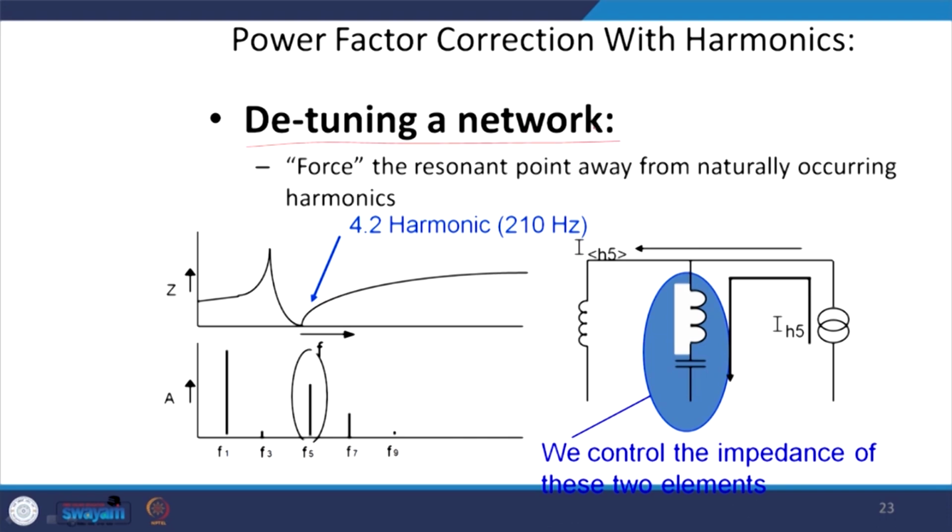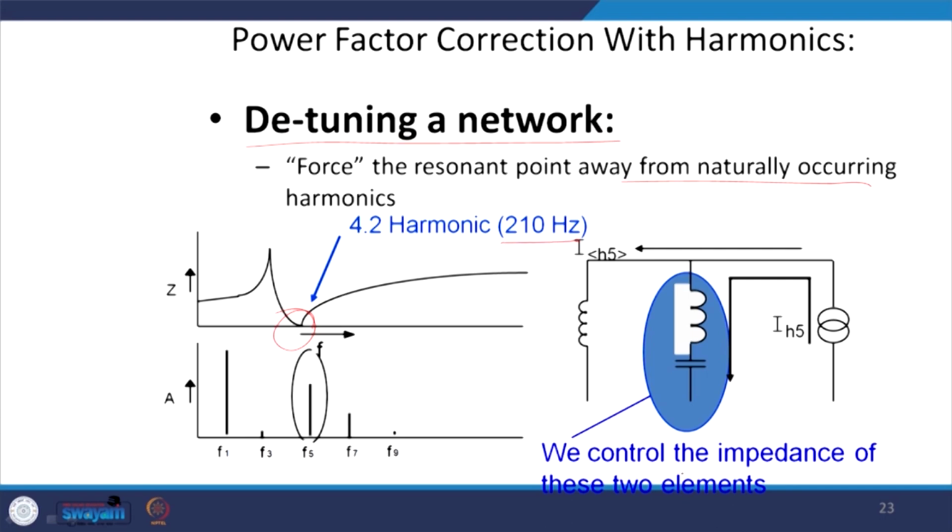So, we need to detune this network, forcing the resonance point away from the naturally occurring frequency, and we will make it something like the 4.2 harmonic, for 50 hertz or 60 hertz depending on the system. For 50 hertz it will be 210 hertz, you have to tune like this.